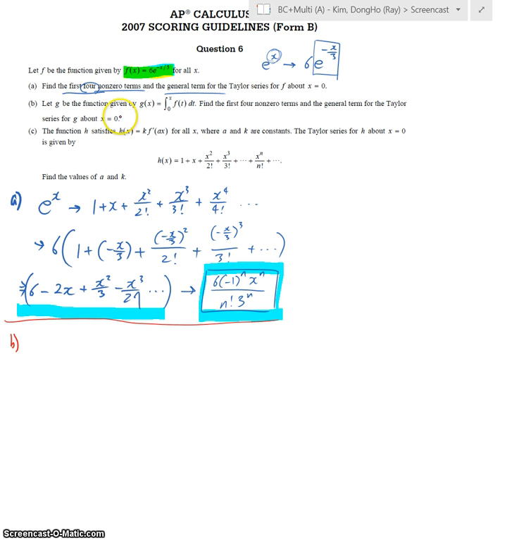Part B says g of x equals the integral from 0 to x of f of t dt, and we again have to get the first 4 non-zero terms and the general term.